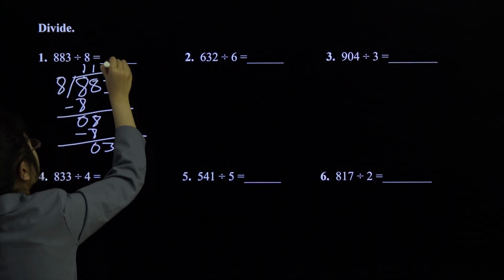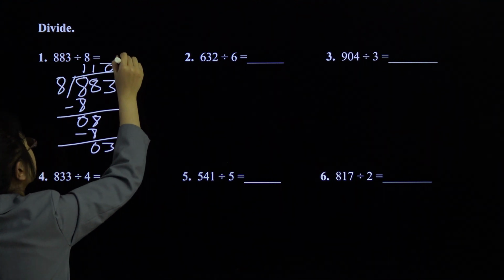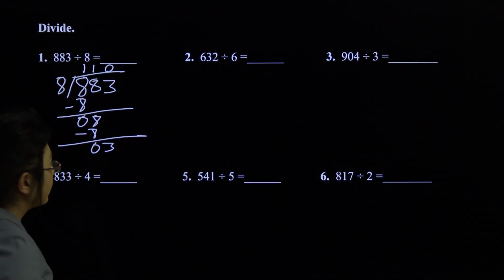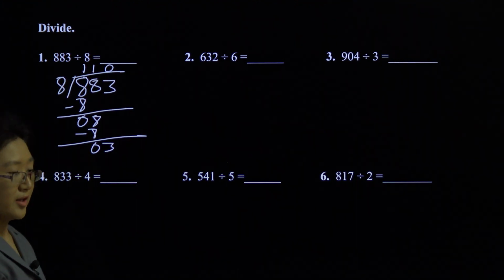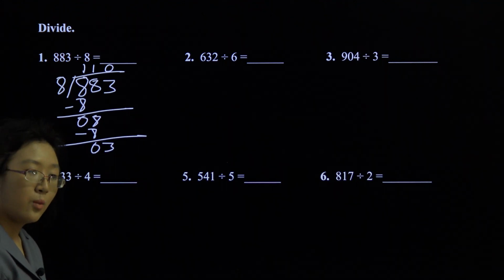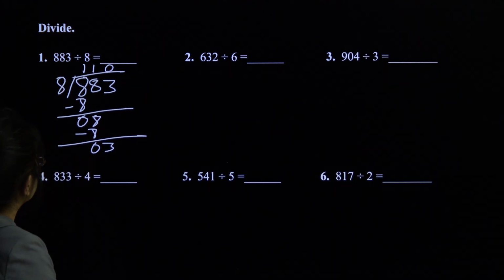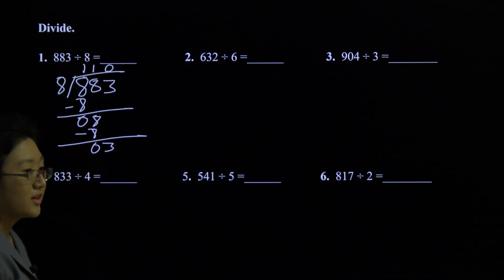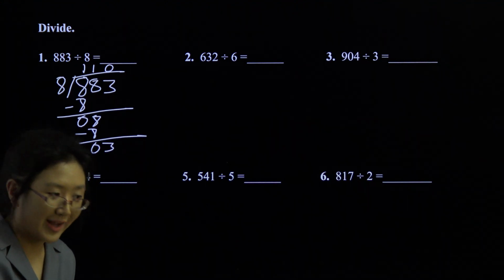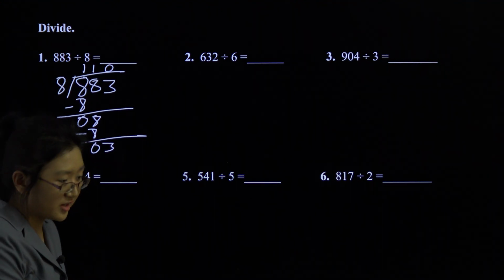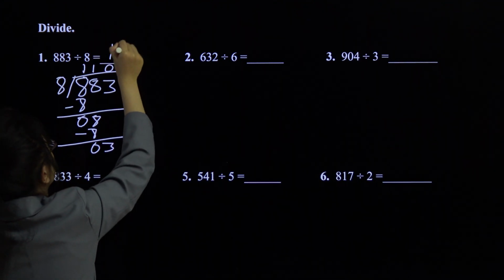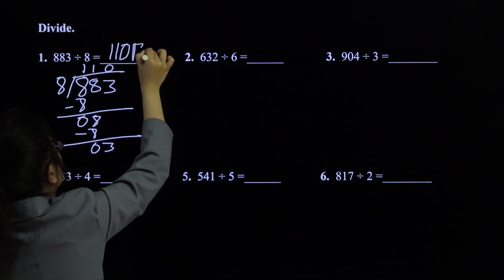So you add a 0 on top of that digit and put a remainder. Because in case you haven't noticed, 8 times 110 is equal to 880. 8 times 11 is not equal to 880. It's equal to 88. Solution 110, remainder 3.